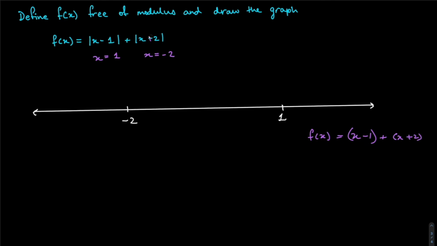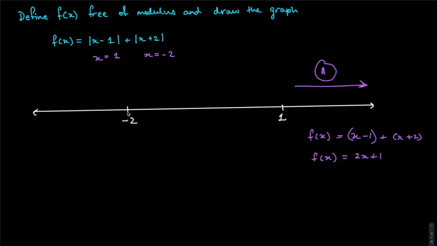So I'm going to have x minus 1 plus x plus 2 because they're both positive. I'm going to call this region A. If I simplify, my new function will be 2x plus 1.